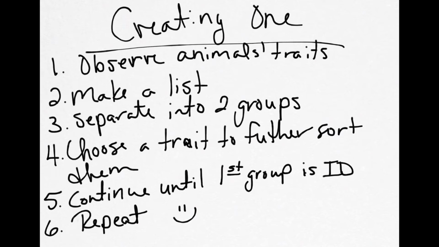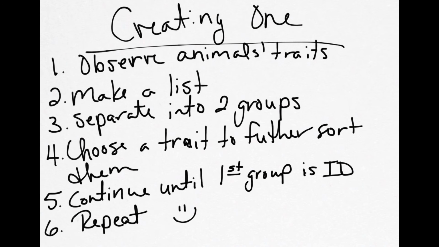I'm going to continue this until I get all of the animals from that particular group named. So from the first group, wings versus no wings, I'm looking at the wings. There's feathers, no feathers. I have a bird that has feathers, and I have a bat that does not have feathers. And there you go, I have completed that first group of animals.